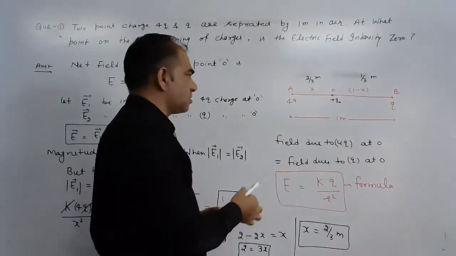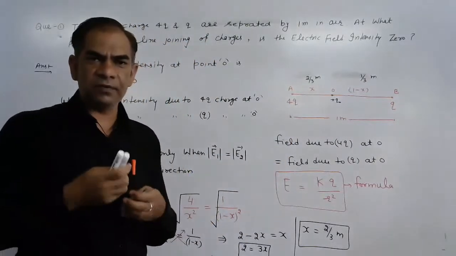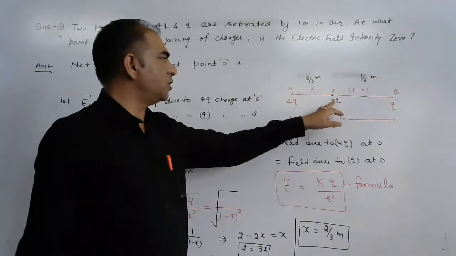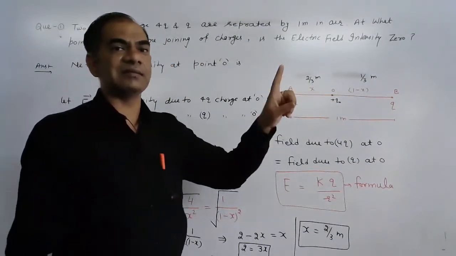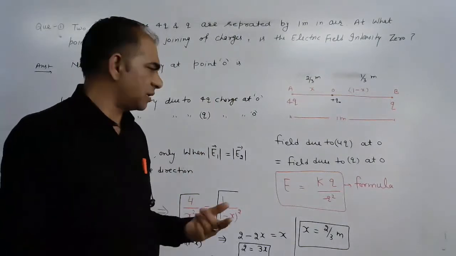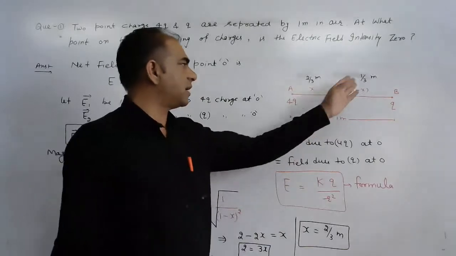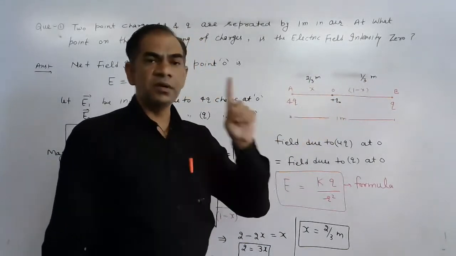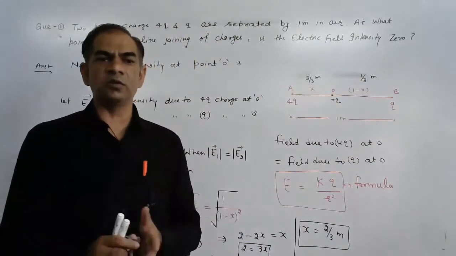Either they ask what is the distance from charge 4Q, and if the option is 2 by 3 meter, it means the neutrality point is 2 by 3 meter away from the 4Q charge. But sometimes the option given is not 2 by 3 but 1 by 3. It means the distance of the neutrality point from charge Q is 1 by 3 meter.